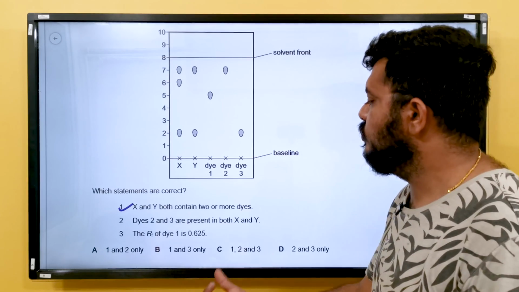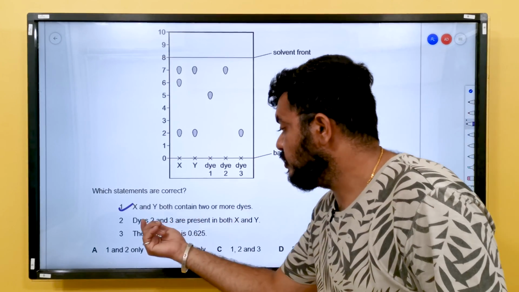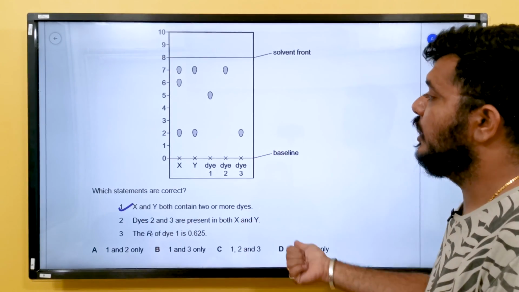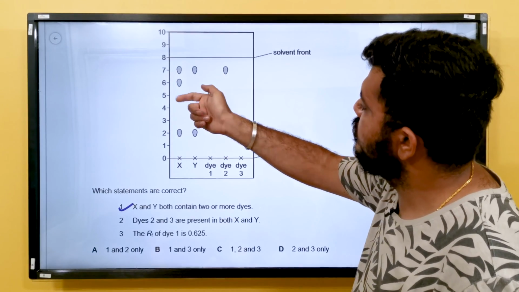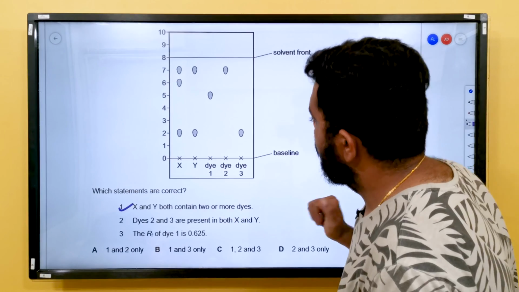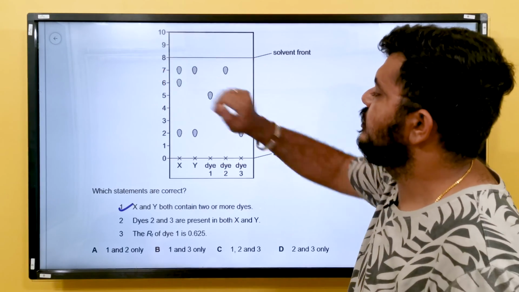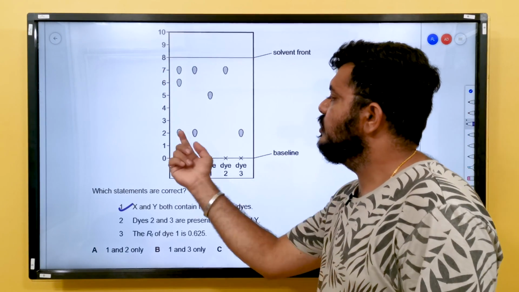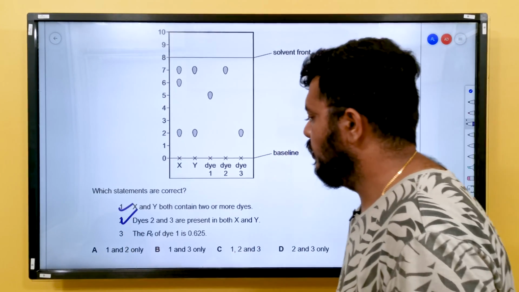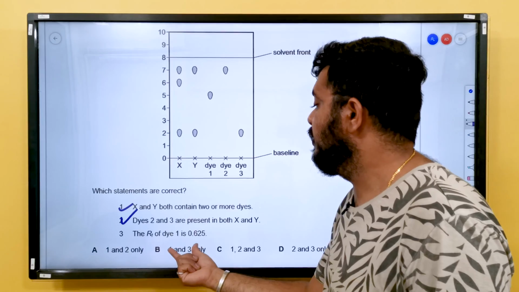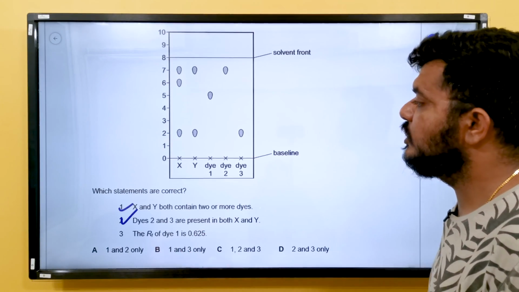Dyes 2 and 3 are present in both X and Y. This is dye 2. Yes, it's present in X and Y. 3 is also present in X and Y. This is also a correct option. The Rf of dye 1 is 0.625. What is Rf?